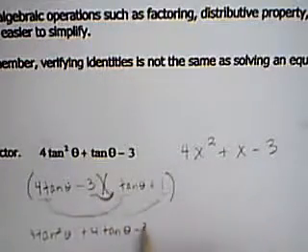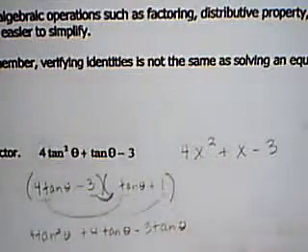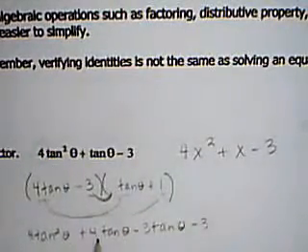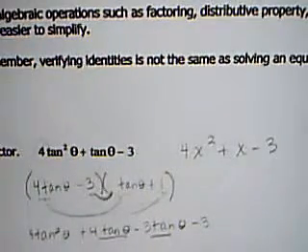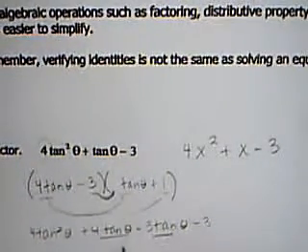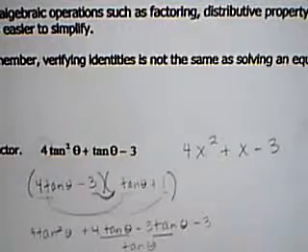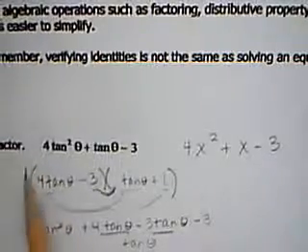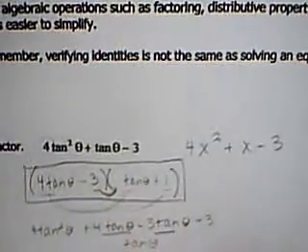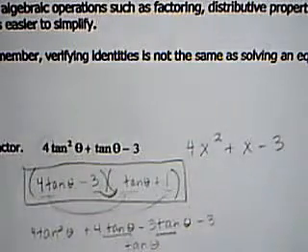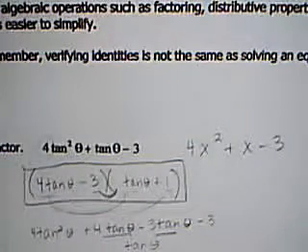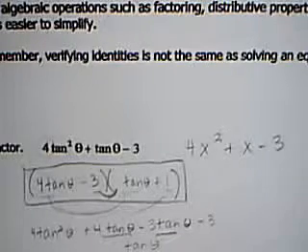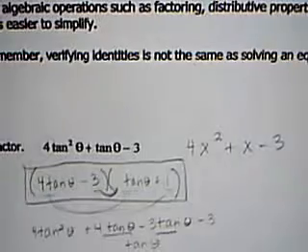Inner would be negative 3 tangent of theta. And then last would be negative 3 times 1, so negative 3. My 2 middle terms would combine to be just tangent of theta, which is the middle term I have in the problem. So this would be correct. This is just a little review, and factoring can be used if you want to simplify an expression sometimes.